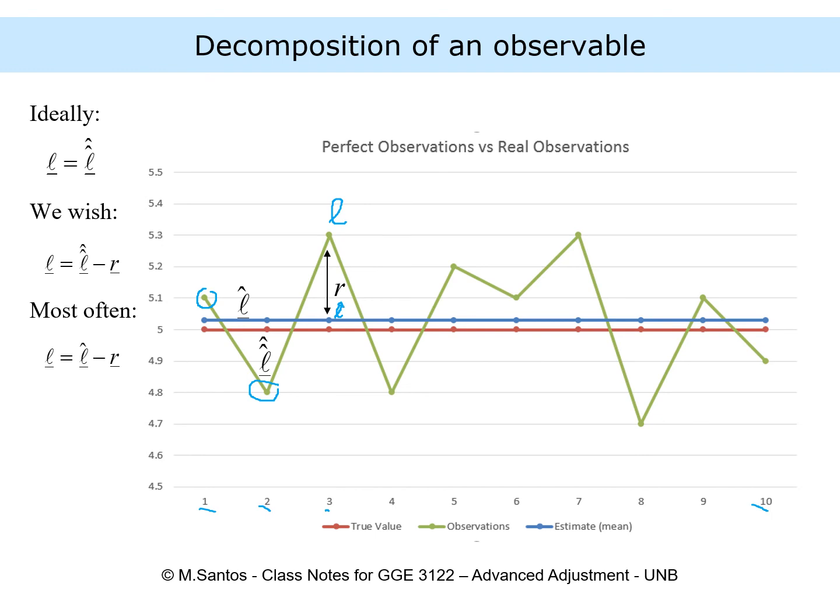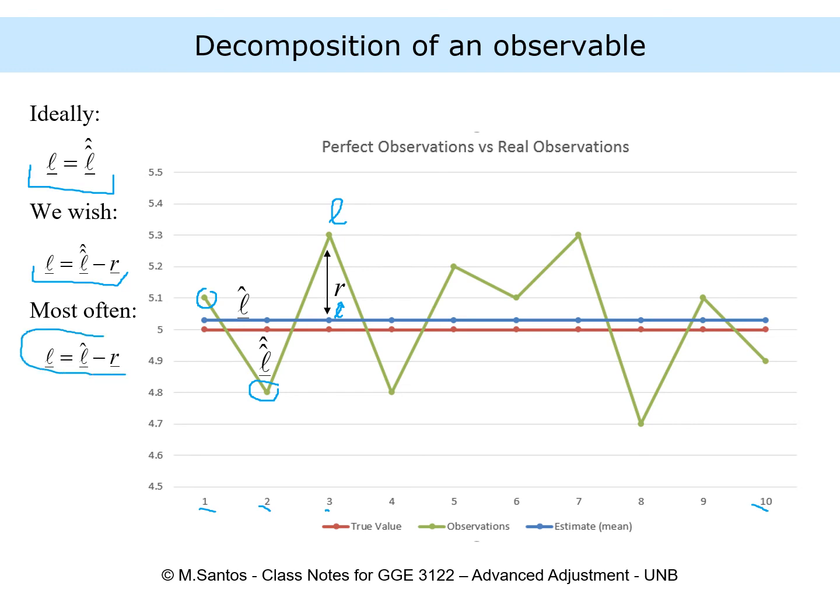Ideally, the observation would be the true value minus its random variation, represented by the residual, but it's not.